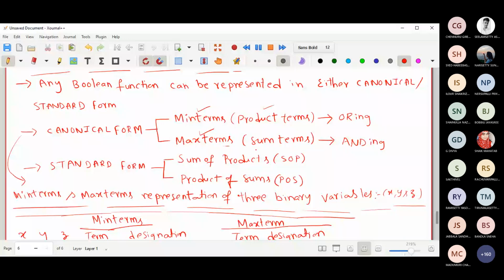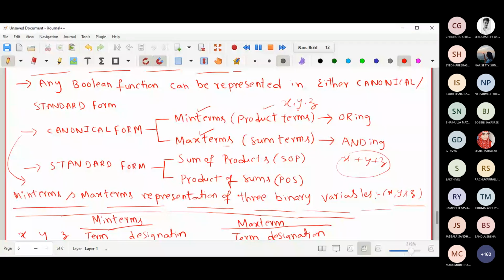Sum terms have a plus in them. Suppose you have x plus y plus z, this is a sum term of three variables. Suppose x dot y dot z is there, this is a product term, nothing but a min term. If it is a product term, you call it a min term. If it has plus, that is a sum term, a max term.